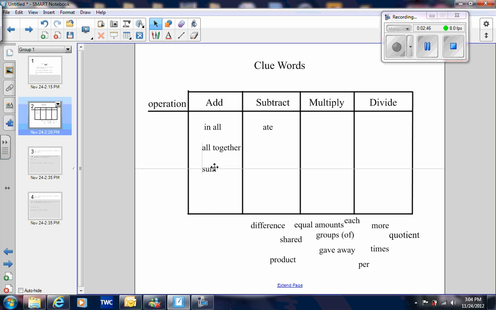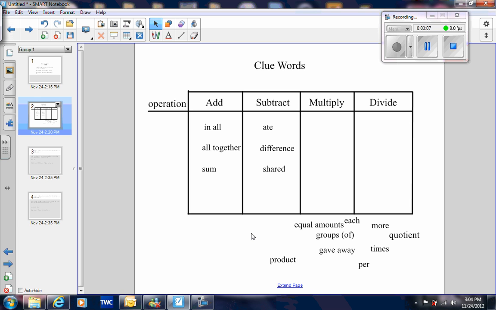Sum is what the answer is when you add, and difference is what the answer is when you subtract. Shared, where you take what you have and give it to someone else. That means you're going to have less, or you subtract from there.